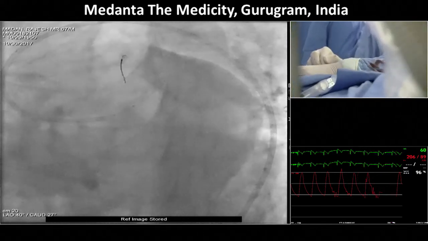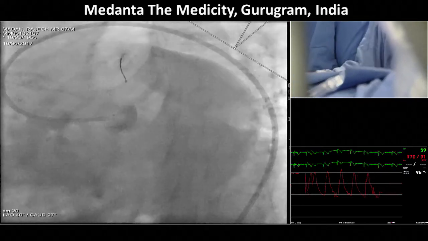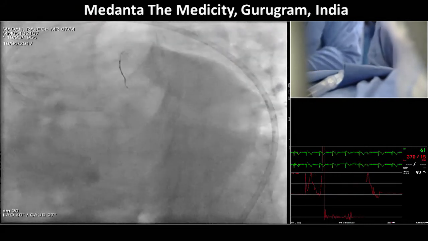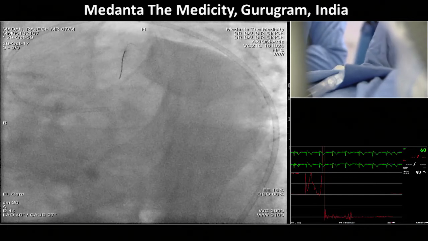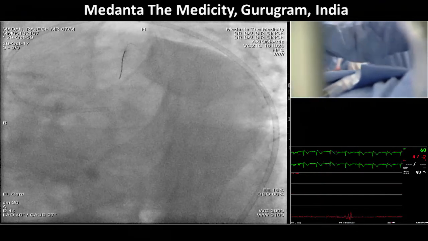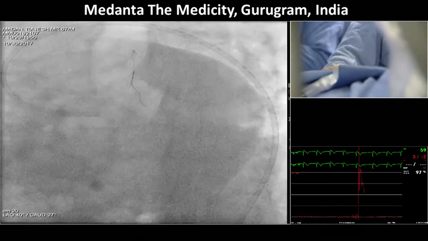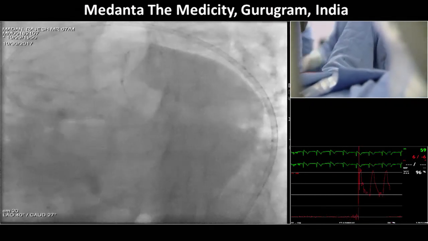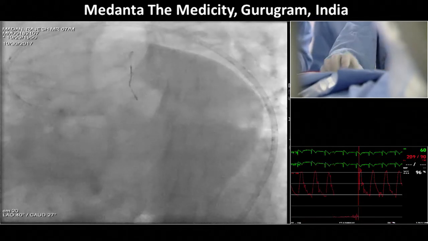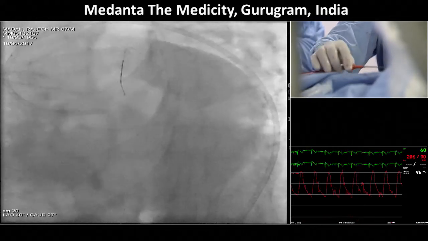So we will now take an OCT pullback and assess both LAD and circumflex. Quickly get the lumen profiles to see.